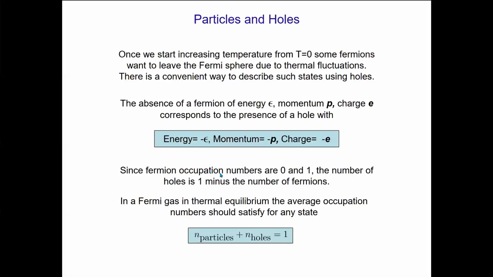Since fermion occupation numbers, we know, are only 0 and 1, the number of holes is 1 minus the number of fermions, for any particular state. So in a Fermi gas in thermal equilibrium, the average occupation numbers should satisfy the equation: the number of particles plus the number of holes for any particular energy level should always be equal to 1.